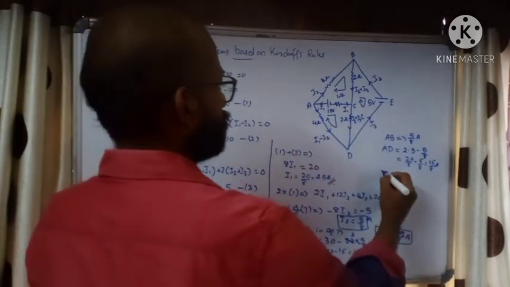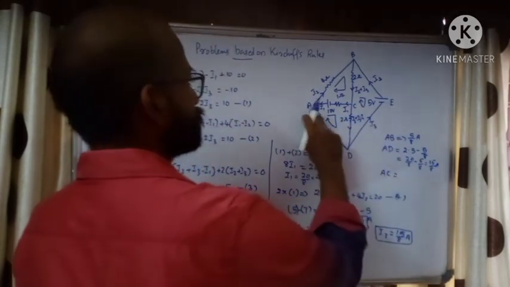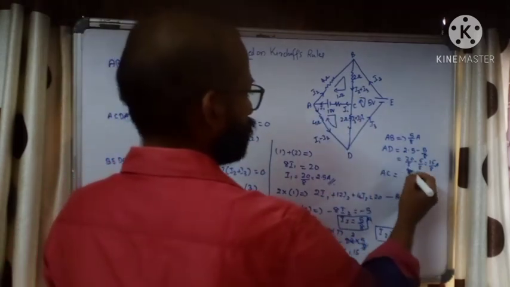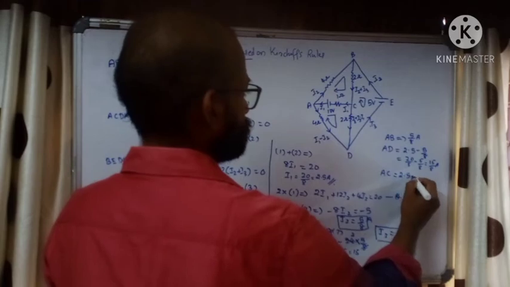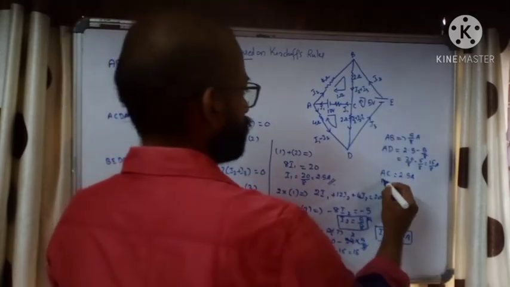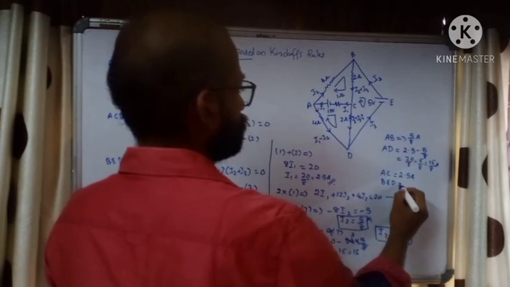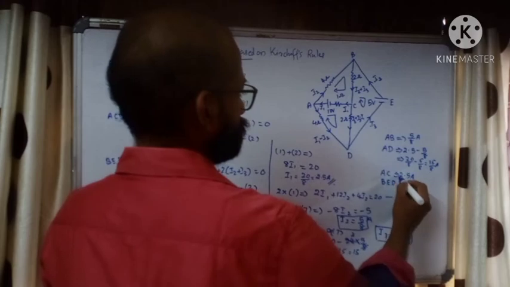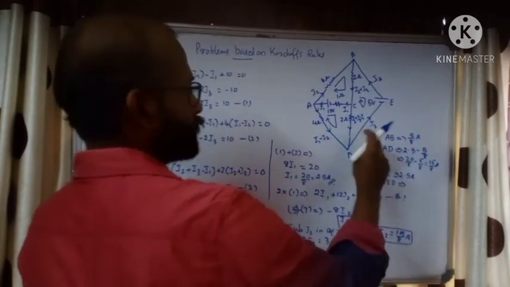Then in the branch AC, what do we have? In AC we have only the I1 current. So I1 is 2.5, or we can say 20 by 8, so 2.5 amperes. Then in the branch BED, the current is I3. What is I3?